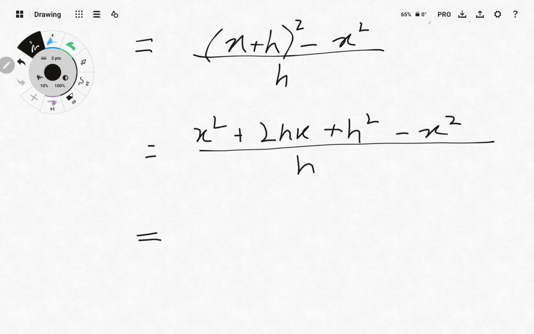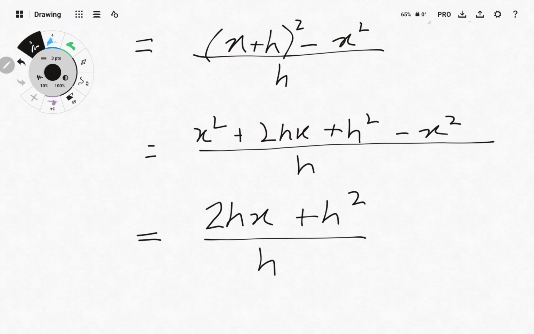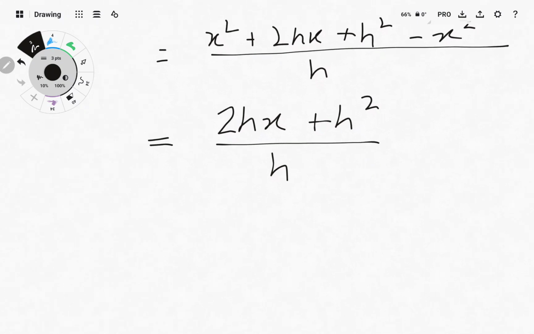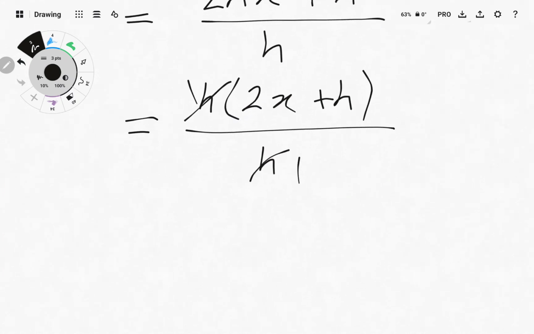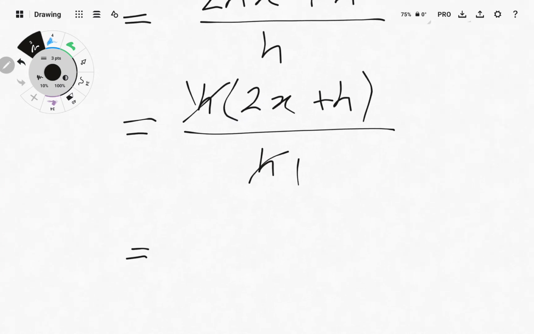We see that the x squares cancel out and we are left with 2hx plus h squared all upon h. We can see that we can factor out an h in the numerator, which will help us in this case, like this, and what we are left with is this.